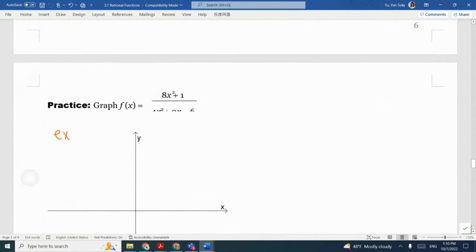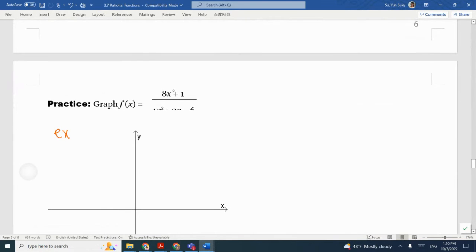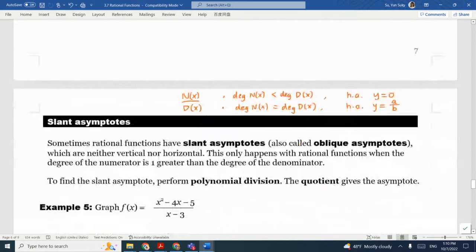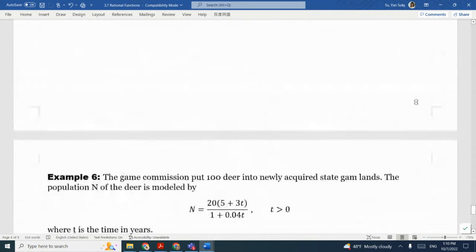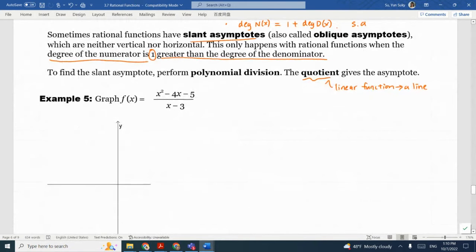Why are my notes different? What's this one? Oh, okay. Interesting. All right. Yes, that's right. I was on the wrong page.